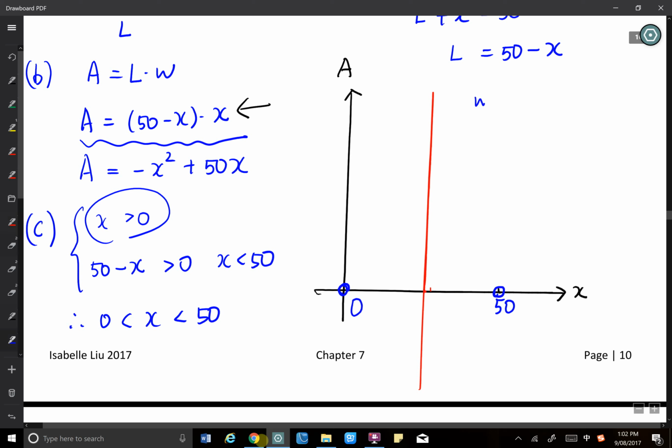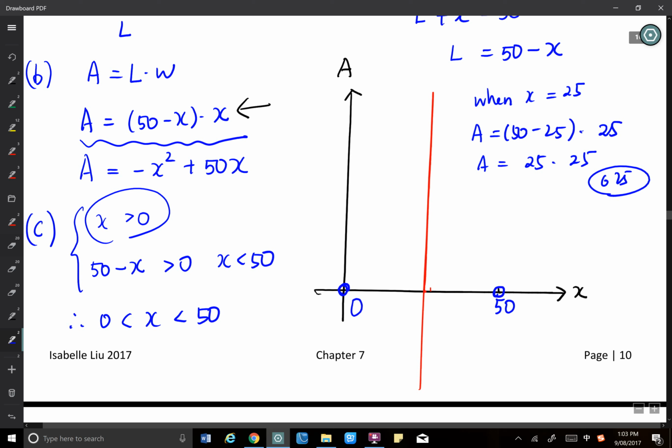Then when x equals 25, A equals 50 minus 25, times 25. That's 25 times 25, that's 625. Let's say we have a point here at 625.